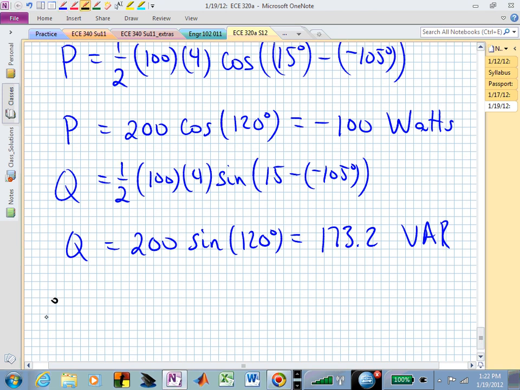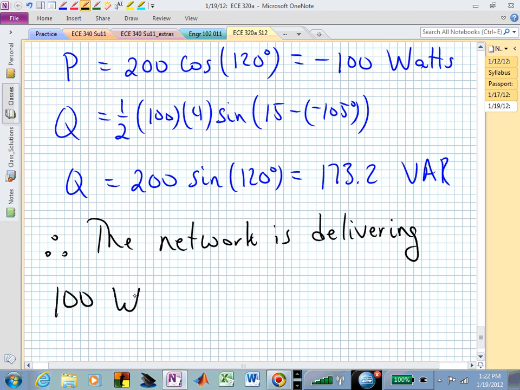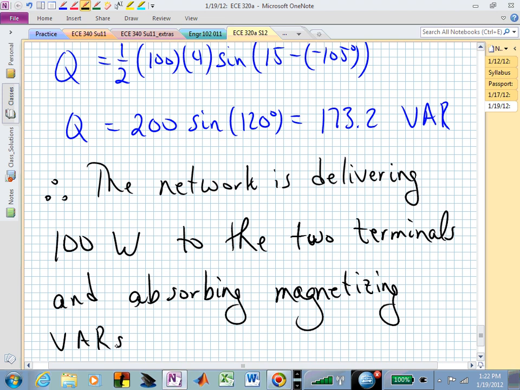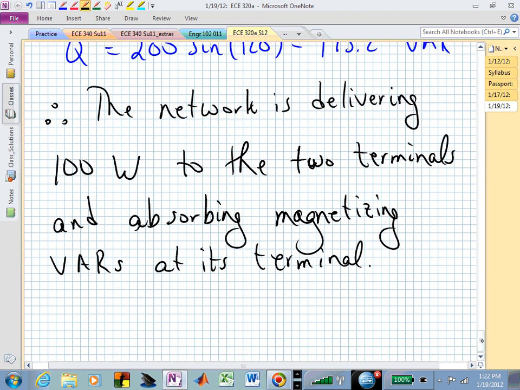If we wanted to now write that in words, this particular element or this network is delivering 100 watts to the two terminals, and it's absorbing magnetizing VARs at its two terminals.